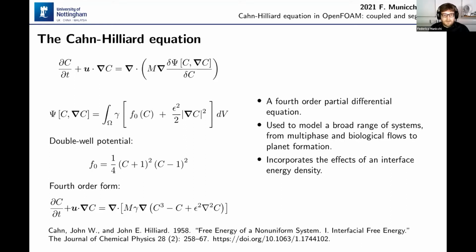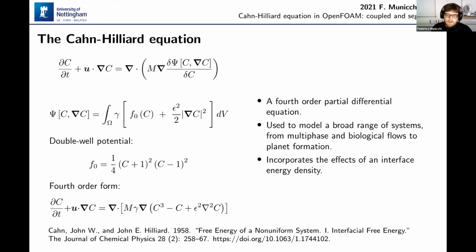Substituting this expression for the free energy into the Cahn-Hilliard equation, we get a fourth order equation, with a fourth order Laplacian. That is a quite complicated operator to solve in a general code like OpenFOAM, where you have second order accuracy, cell neighbors connectivity, and you don't have large stencils.